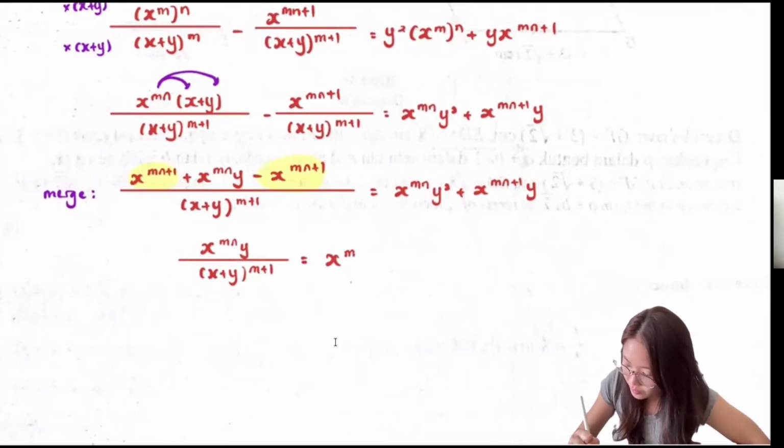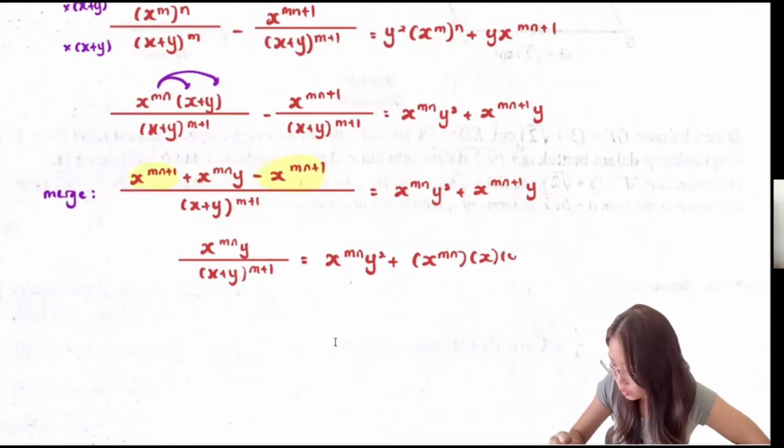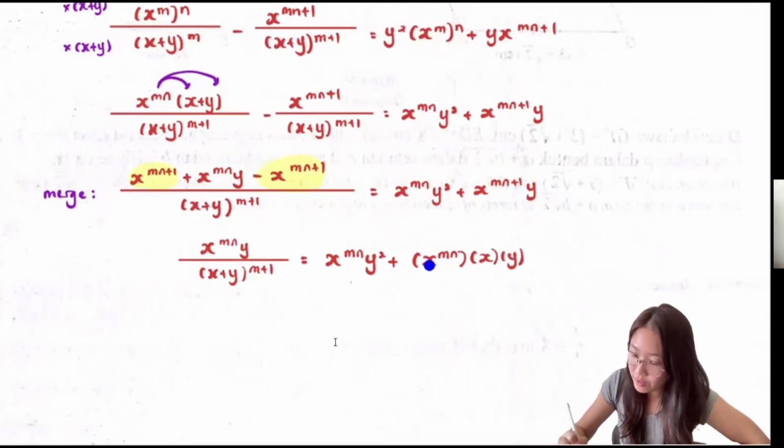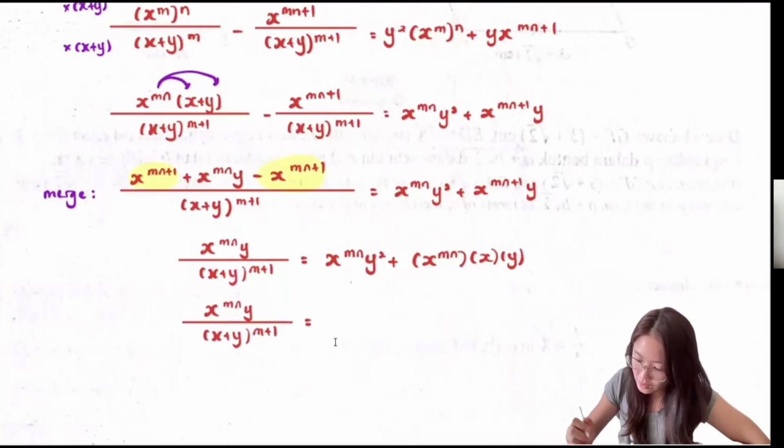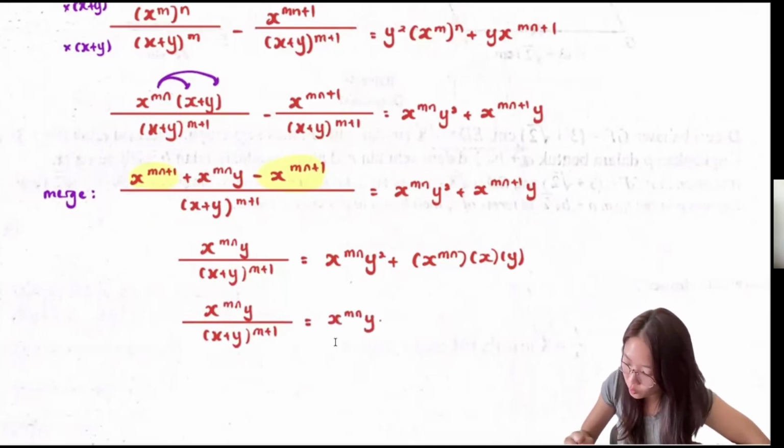Okay, x power mn y squared plus this is x power mn plus x, times x, and times y behind. So you can factorize this out. In front, nothing to do already. Behind here, you factorize x power mn and 1y.